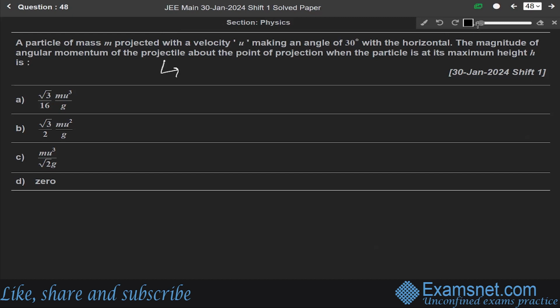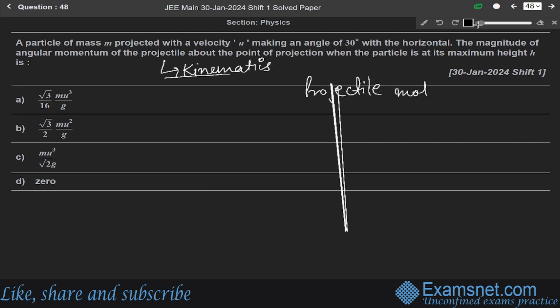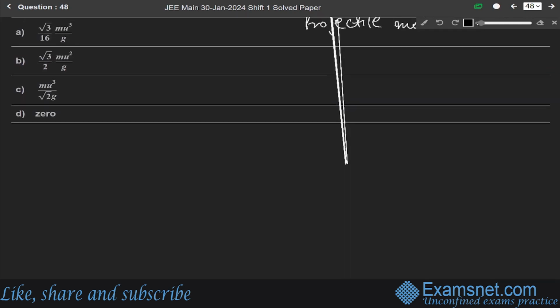So this question is from the chapter of kinematics. It is asking about projectile motion, okay? So let us draw this question. Let us say a particle is making a projectile motion.